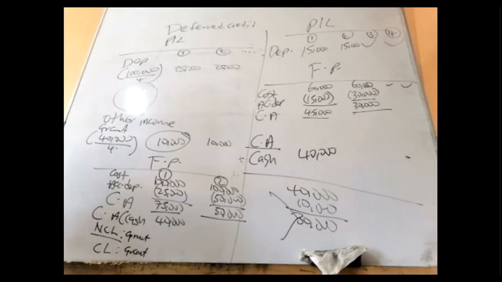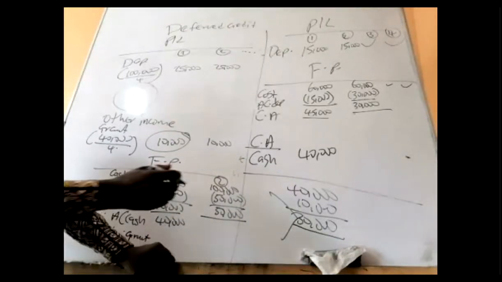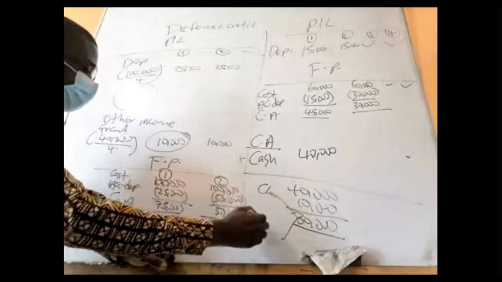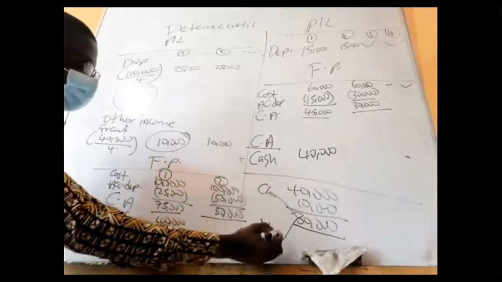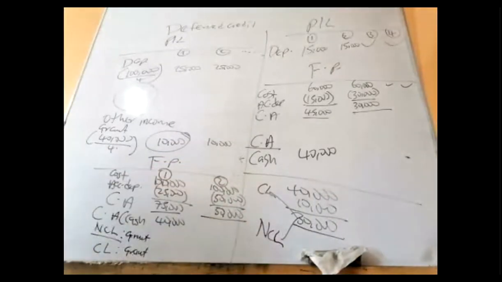Now, the entire grant is 40,000. We have released 10,000 to the income statement. So 40 minus 10 is 30,000. The 30,000 becomes total liability, which we need to split into two, current and non-current. That is all. Now, the current one is the one that we are going to release next year, and that's the one that we can get first.